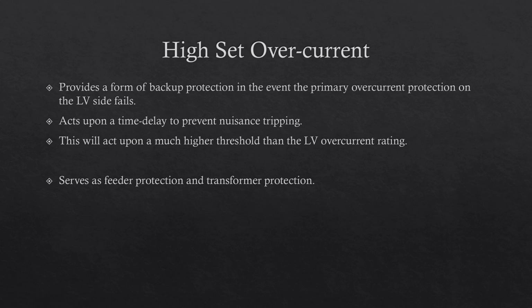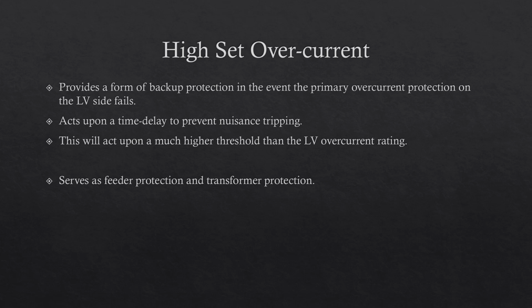Next, we have high-set overcurrent, which is a form of backup protection. So I just explained briefly the overcurrent. In the event that the overcurrent protection doesn't activate, then at a much higher delayed current setting, the high-set overcurrent on the primary side of a transformer, whereas the overcurrent, which is the primary protection, would be on the low voltage side of the transformer.